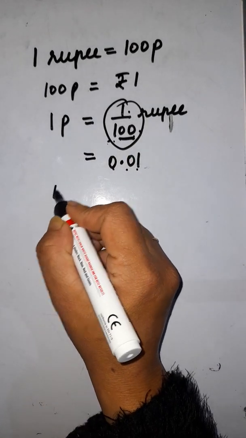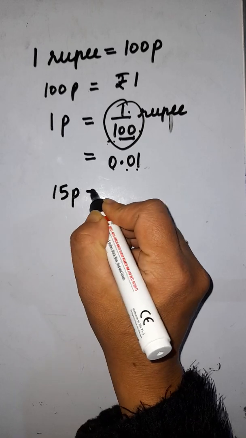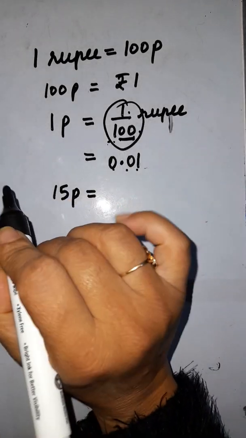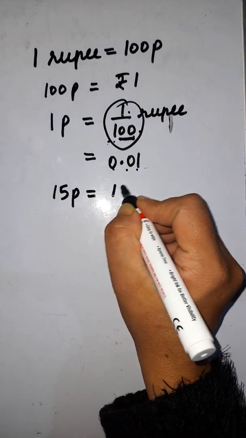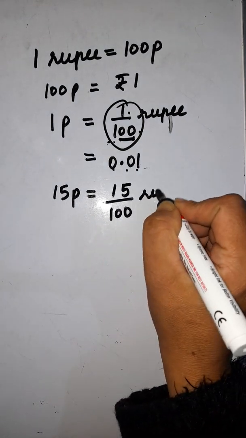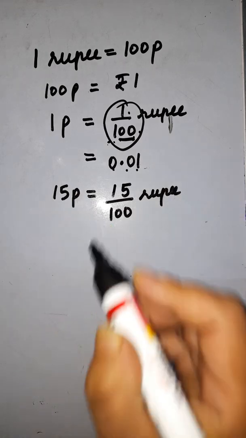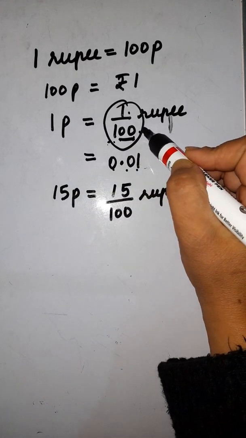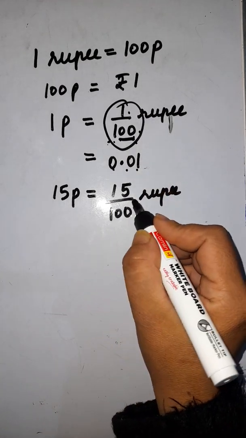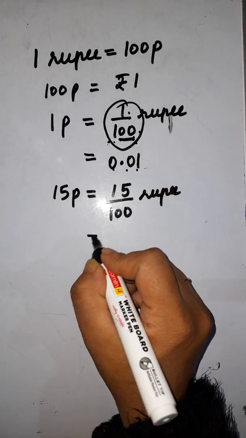If we have 15 paise, and we convert 15 paise into rupees, we'll write 15 out of 100 rupee. We know 1 paise is equal to 1 out of 100 rupee, so 15 paise is equal to 15 out of 100 rupee.